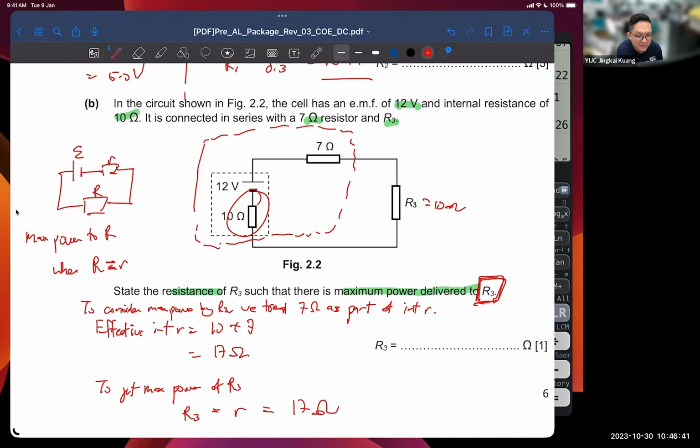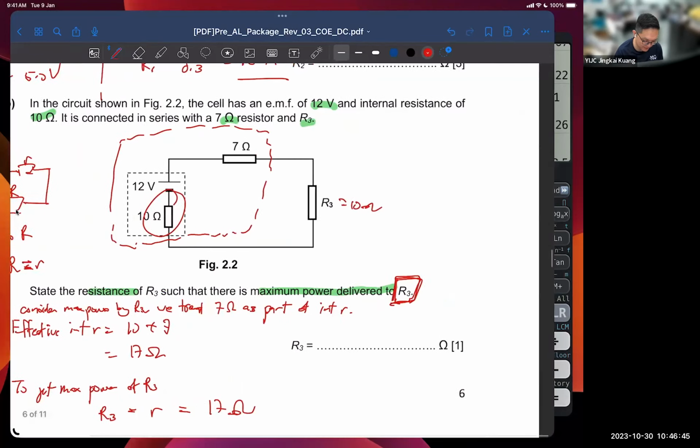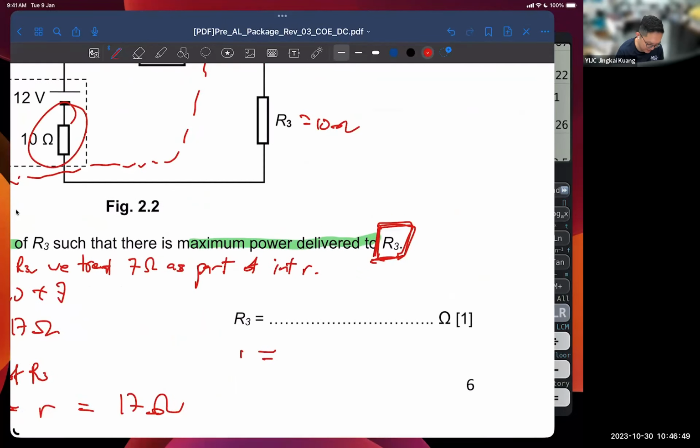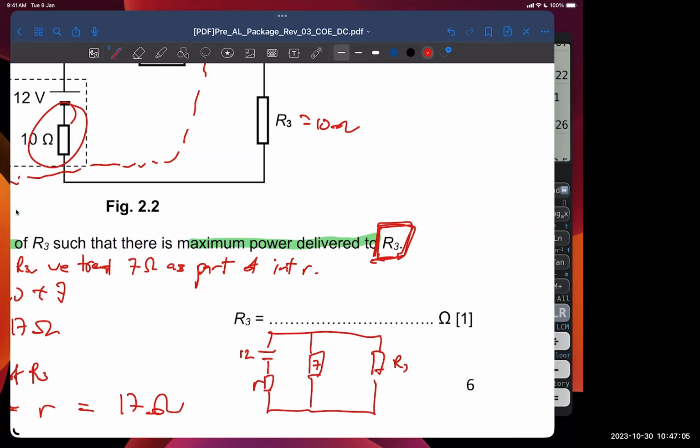I'll add internal resistance and 7 ohm in parallel first. So your circuit looks basically like where I drew.